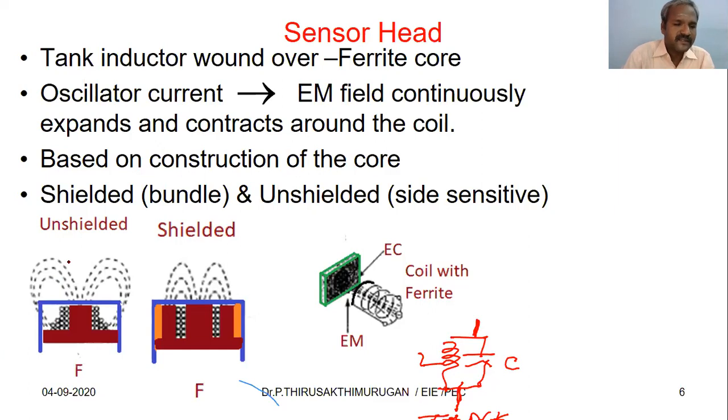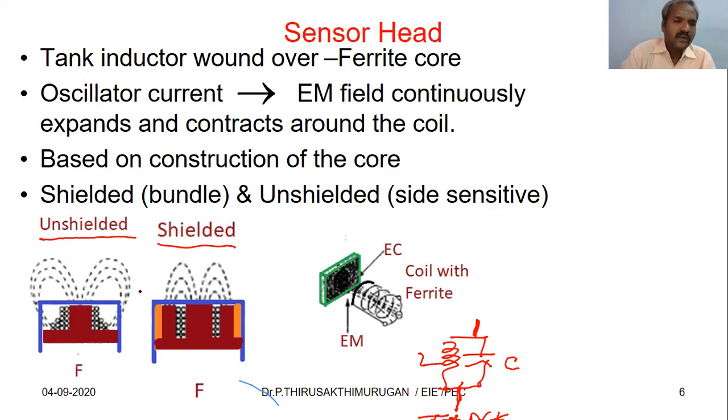There are two types of sensor head used in inductive proximity sensors: unshielded and shielded. Based on the construction, we classify them into shielded and unshielded.